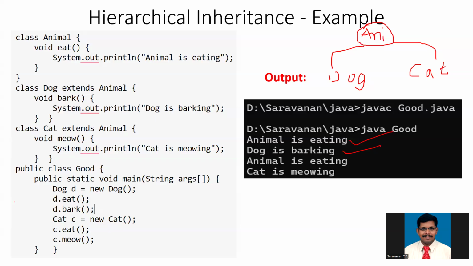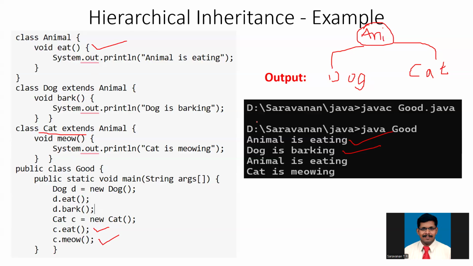So the object for the class Cat is created, and with the help of it the eat function can be accessed. The eat function is available in the parent class. c.meow is a function of the cat that is accessed. This is the output of hierarchical inheritance.